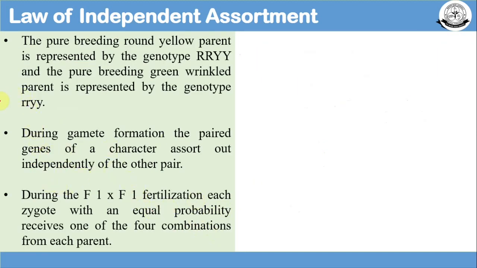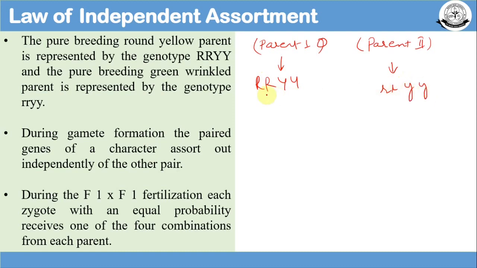Okay, the pure breeding round yellow parent is represented by genotype RRYY, and the pure breeding green wrinkled parent is represented by genotype rryy. So let's take parent 1 and parent 2. Parent 1 is represented by capital R, capital R, capital Y, capital Y, and parent 2 is represented by small r, small r, small y, small y.